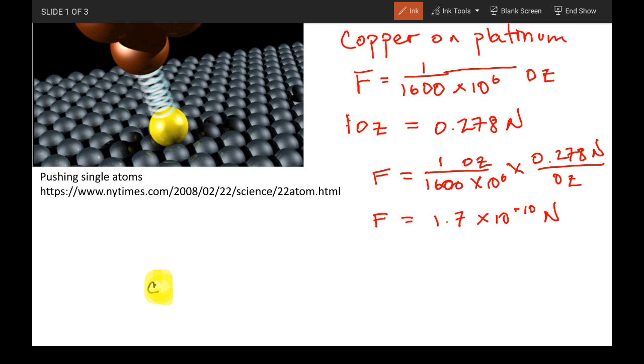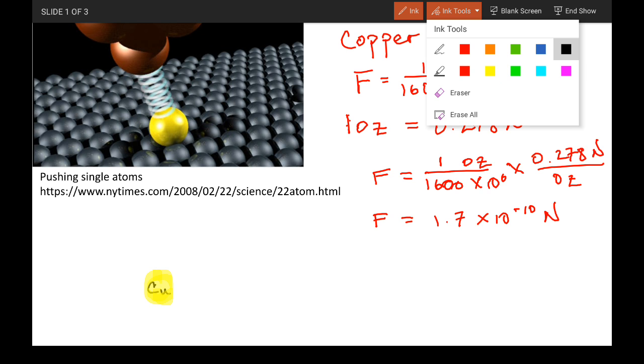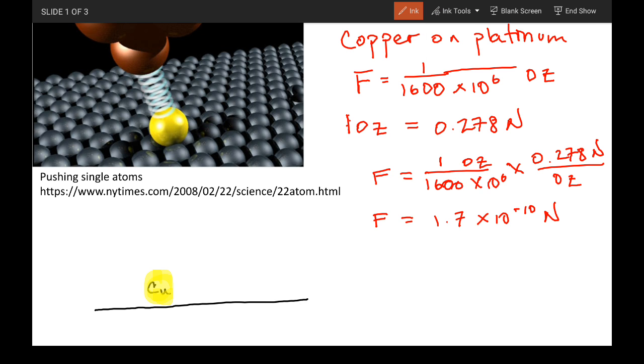So this is copper, and we have this surface of platinum, and we're going to apply a force to push that looks like this, and then that copper atom is going to move along the platinum surface along delta R. And in this case, delta R, we can call that delta X because it's along the horizontal surface.